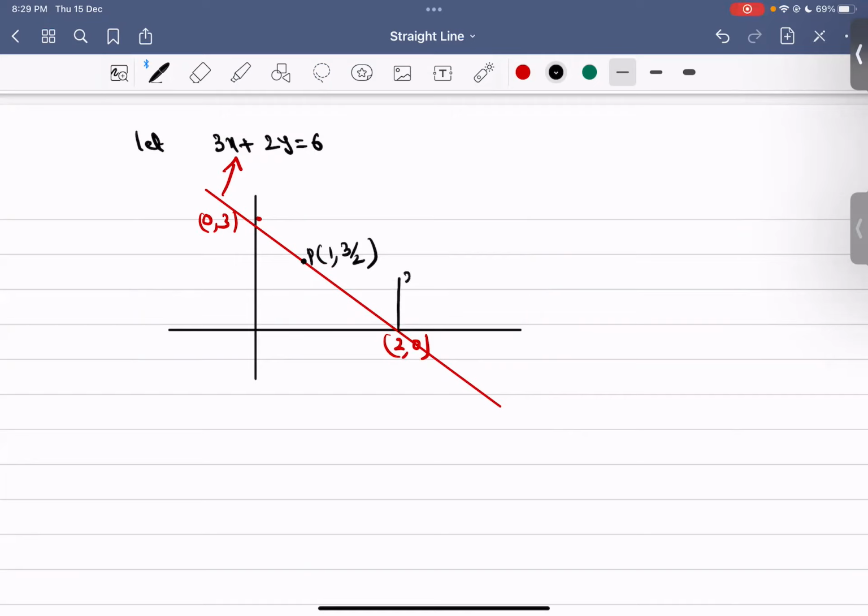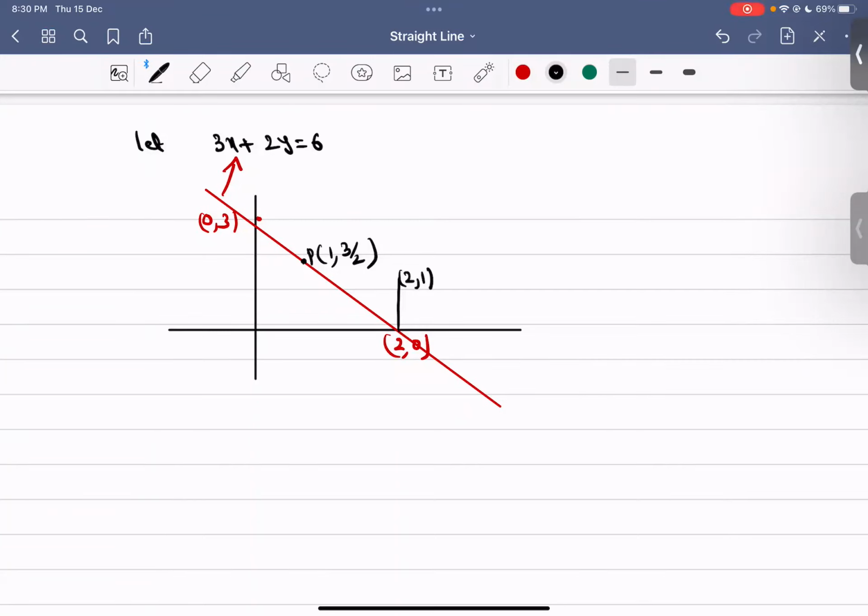Then you take one point on this vertical line as 2 comma 1. Because I have drawn the vertical line, the x coordinate 2 is fixed. Here the y coordinate is 0, and here the y coordinate is 1, increased. So the x coordinate is fixed and the y coordinate is increased, yes or no?